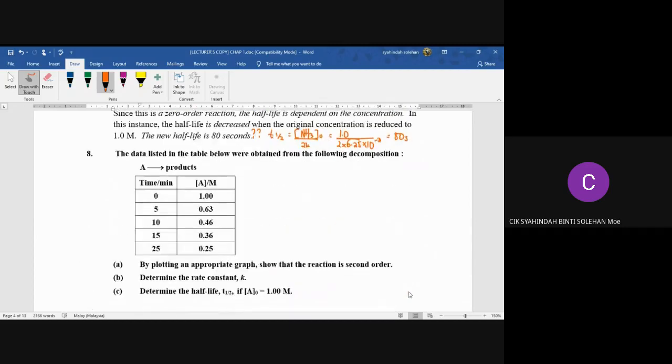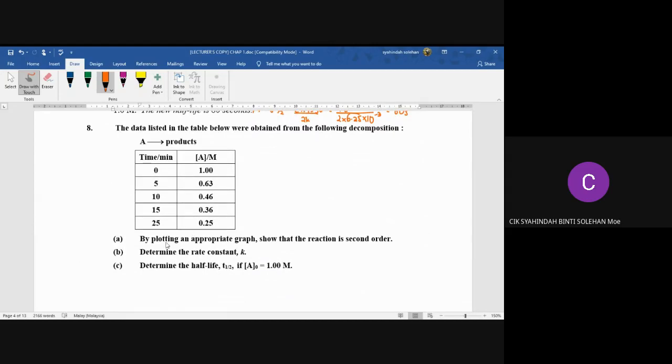Okay. Alright, so next soalan nombor 8. The data listed in the table below were obtained from the following decomposition, which A akan dapat produk. Okay, and then by plotting an appropriate graph, show the reaction is a second order. Kalau reaction second order, okay, I hope that you buat graph, plot graph for second order.